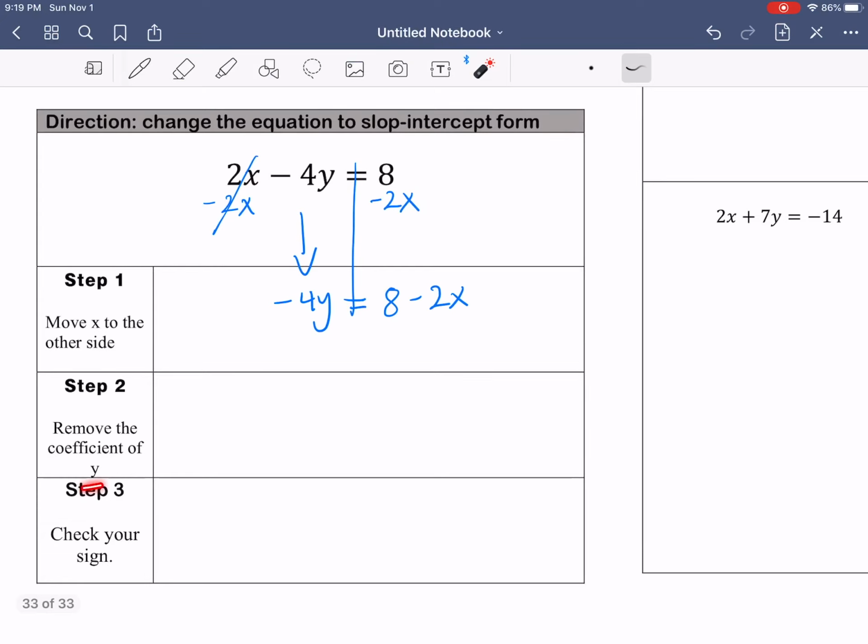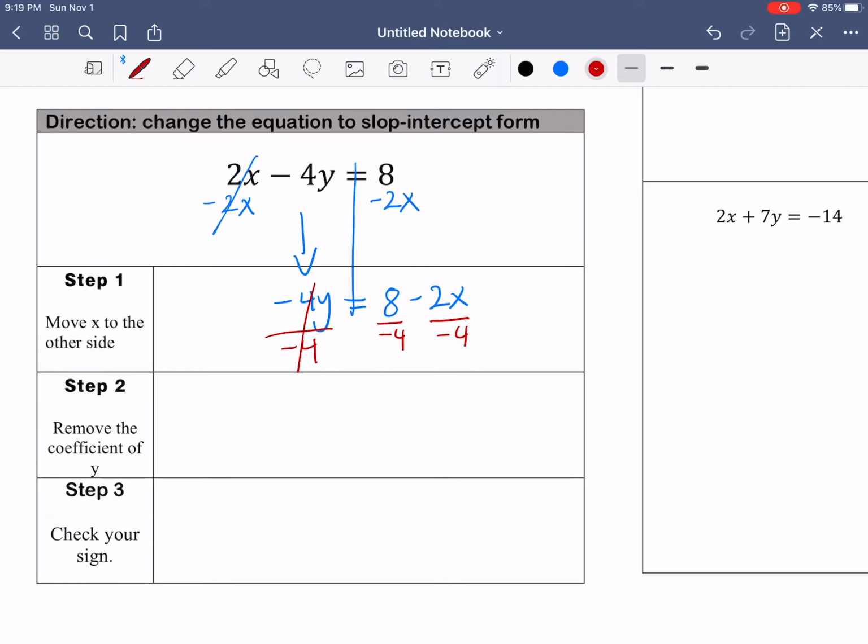Next, step 2, we have to remove the coefficient of y, which is negative 4. How can we get rid of it? We cannot do plus 4 on both sides because this is not y minus 4. So what we have to do is divide by negative 4, every single number. When you multiply or divide, you have to do it to every single number.